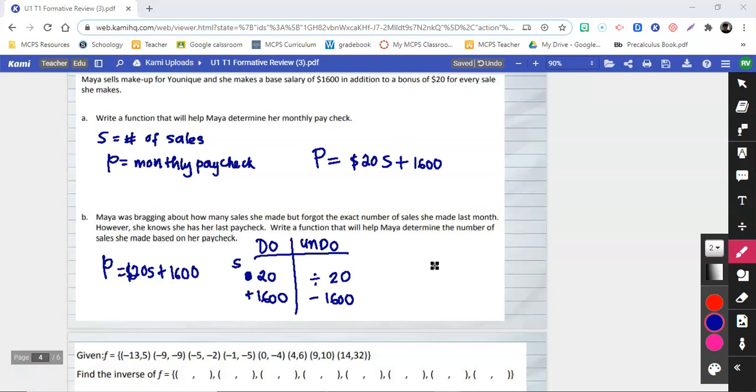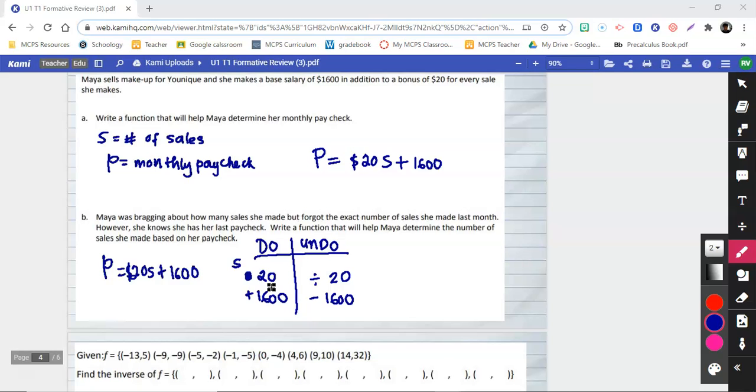Now, utilizing our knowledge in writing the do and undo chart, writing out the do side, we start with the number of sales times 20 and then plus 1,600 to determine her monthly paycheck. Doing the undo side, taking the opposite of plus 1,600 is subtract 1,600.